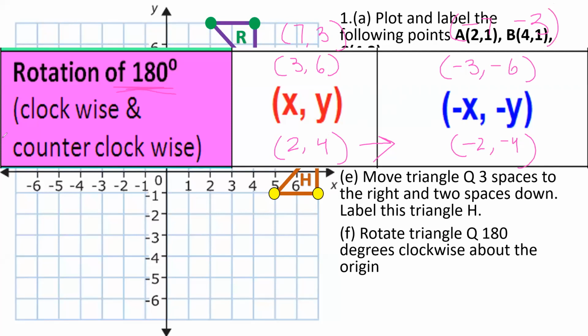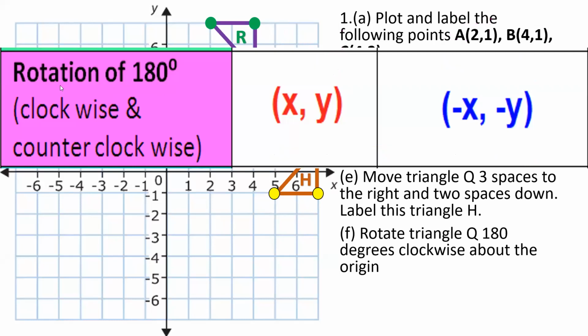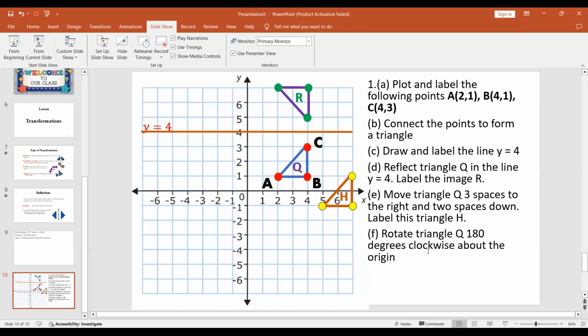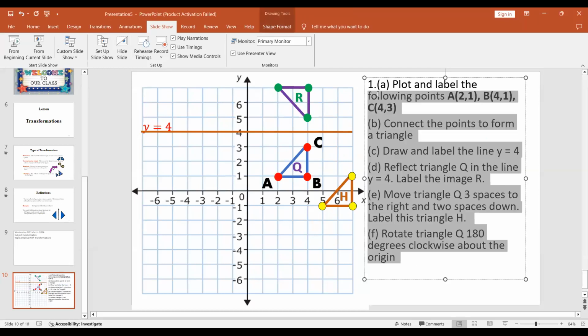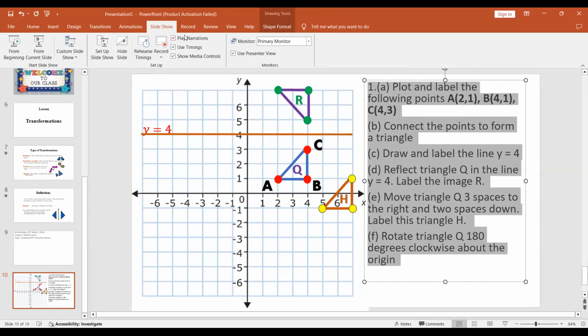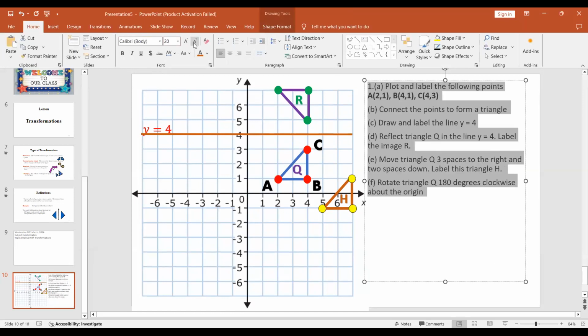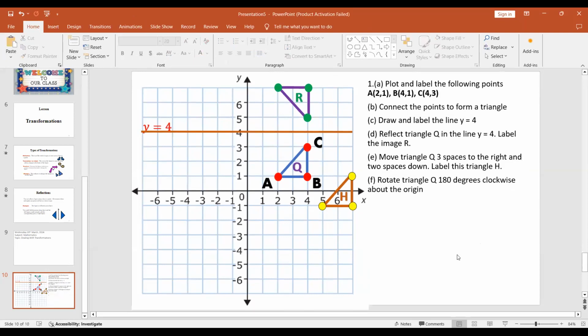So clear all drawings. Let me move this, and then we can get back to our problem. They want a rotation of 180 degrees clockwise about the origin. Let me reduce this in size so we have space to do it.